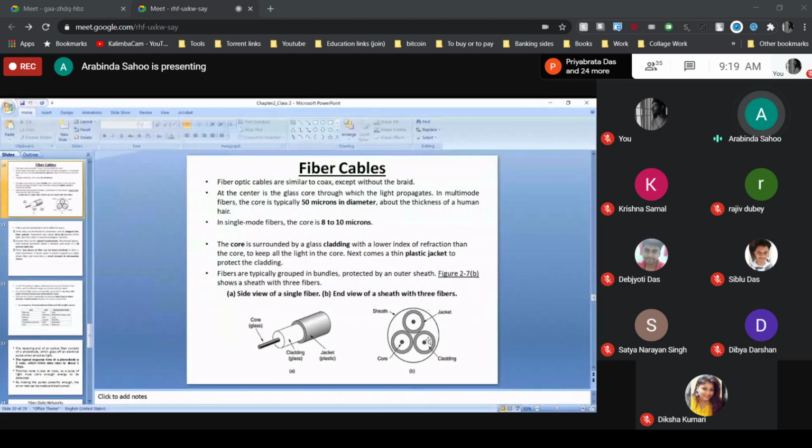This is the construction point of view of your fiber cables.